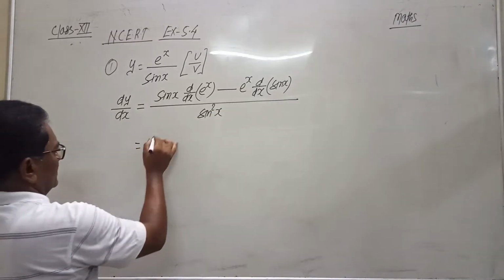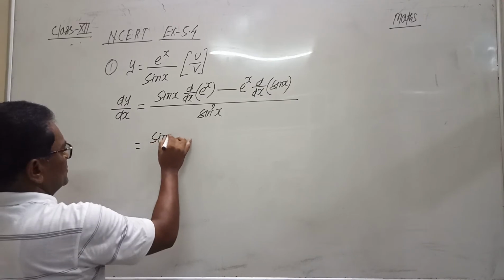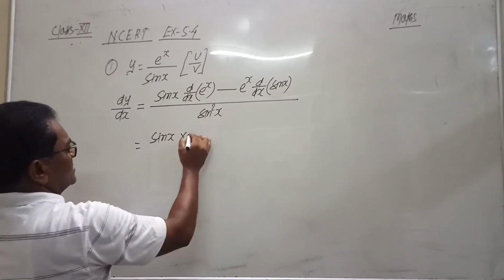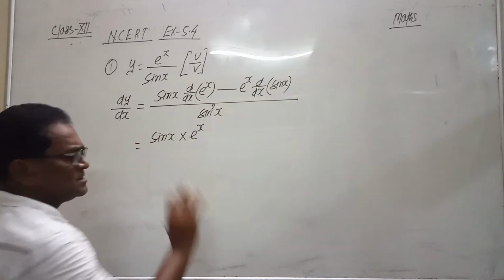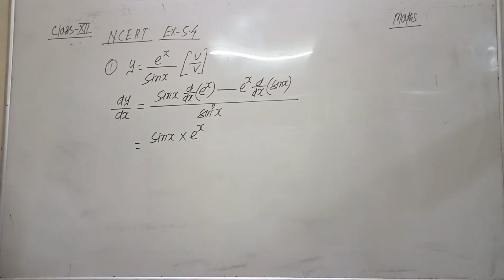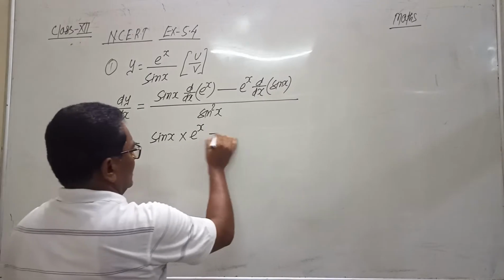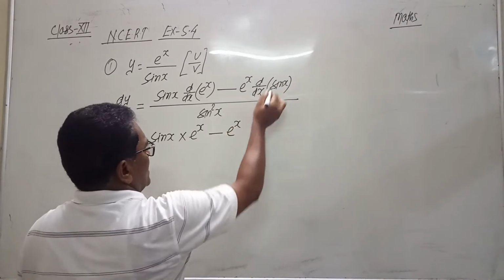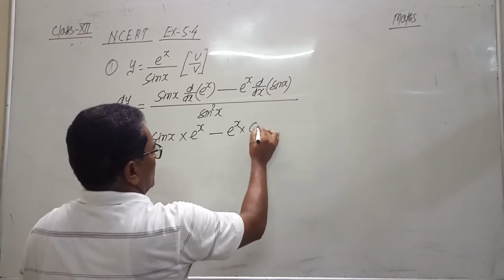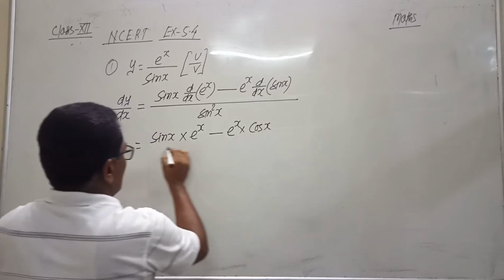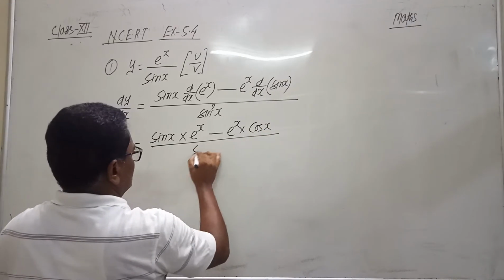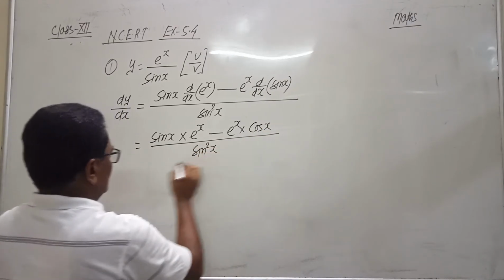Now sin x as it is and d by dx of e raised to the power x, which is e raised to the power x, since differentiation of x is 1, minus e raised to the power x, and differentiation of sin x is cos x, upon sin square x.